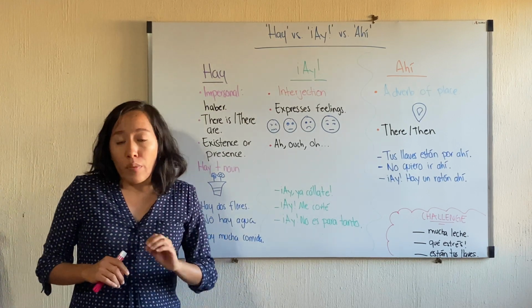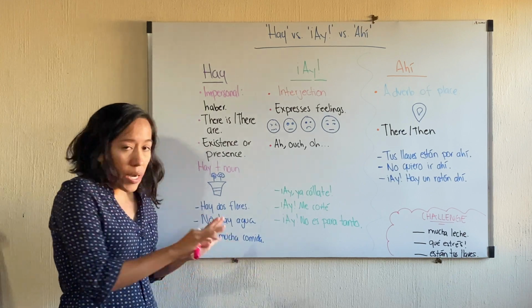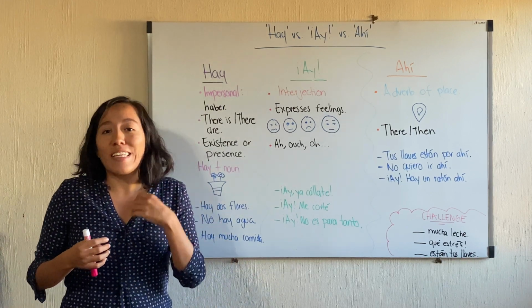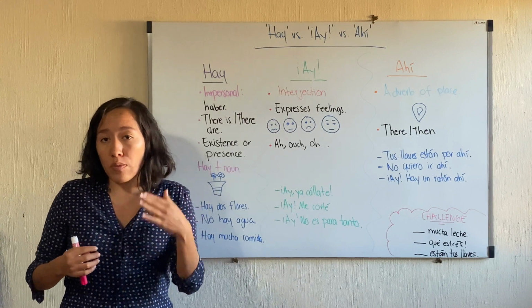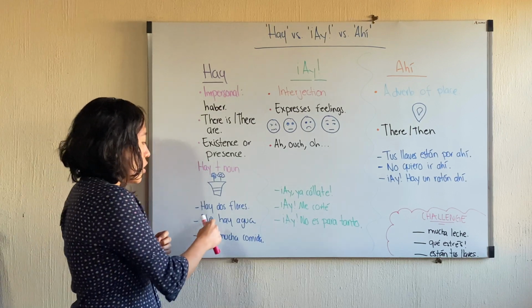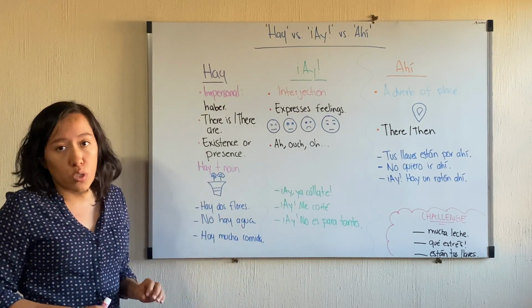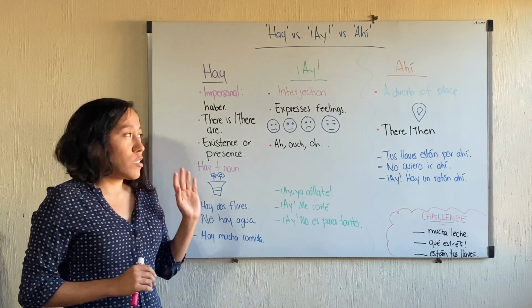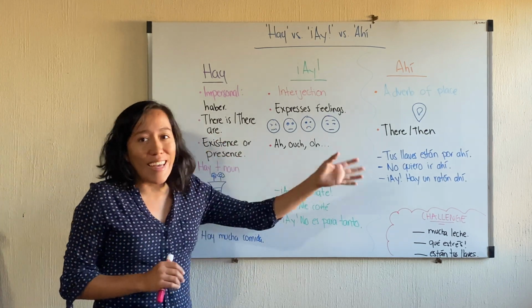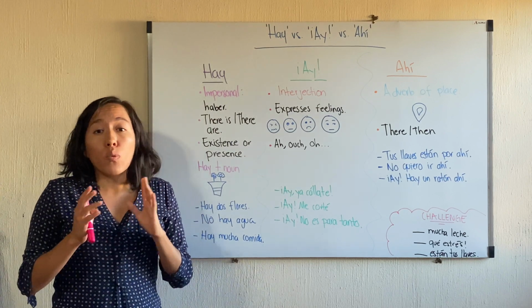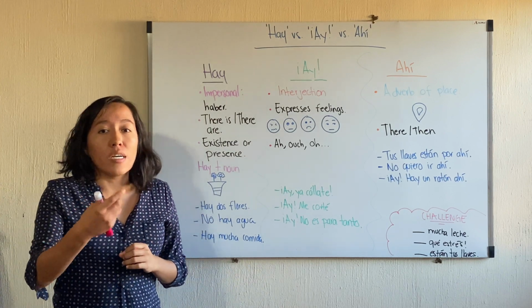Hay can be followed by a noun, just like no hay agua, or if you need to specify the amount of things or people that you're seeing, you can use quantifiers such as dos and mucha. So check these examples because this is a great difference between hay and ay and ahí. Hay is always followed by a noun or quantifiers if you need to count.